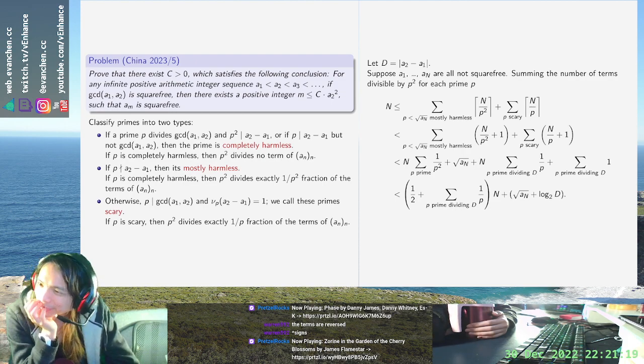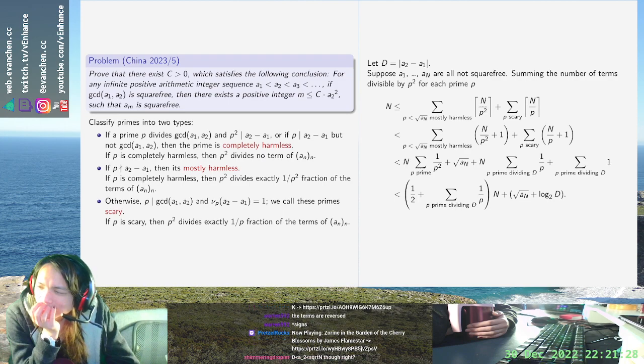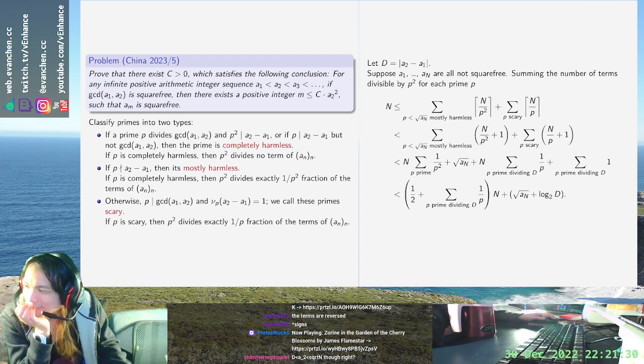That's not good. If there's enough scary primes, this coefficient of n might grow larger than a half, and then if that happens, we die. Crap.